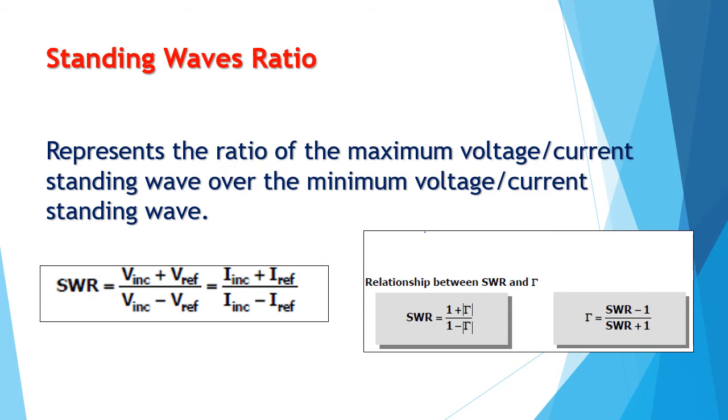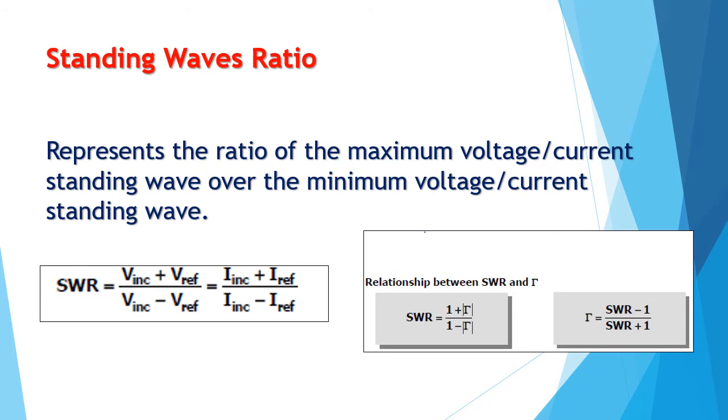And lastly, SWR is also related to the reflection coefficient. So we have the formula SWR equals 1 plus the absolute value of the reflection coefficient divided by 1 minus the absolute value of our reflection coefficient. With a little bit of algebra, we can also compute our reflection coefficient in terms of SWR.